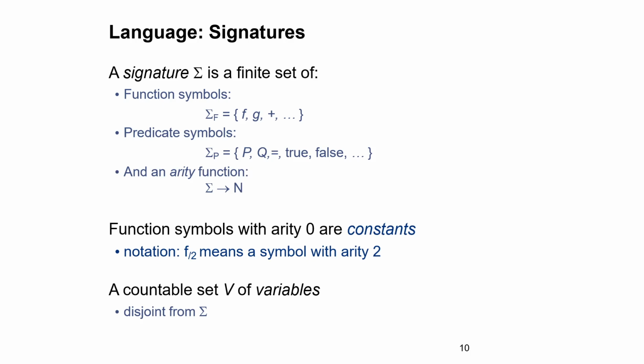Then for predicate symbols, there are some very simple ones like true and false. They don't have any parameters. We cannot put more in them, we can't have true of some x or y. It's basically a constant.